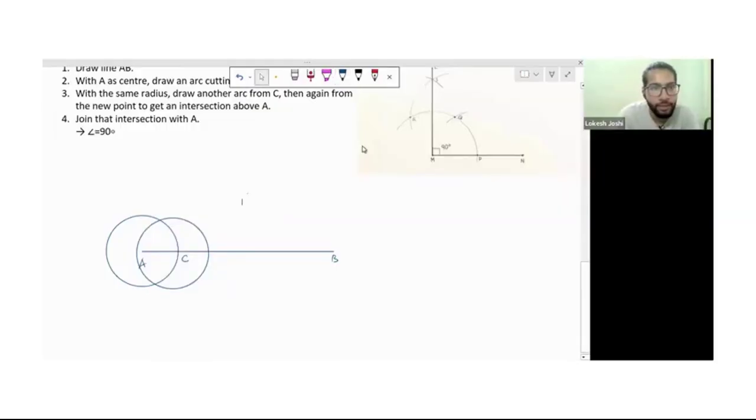After that, again from the new point, get an intersection above A. Let me erase the other things so it will be clear.